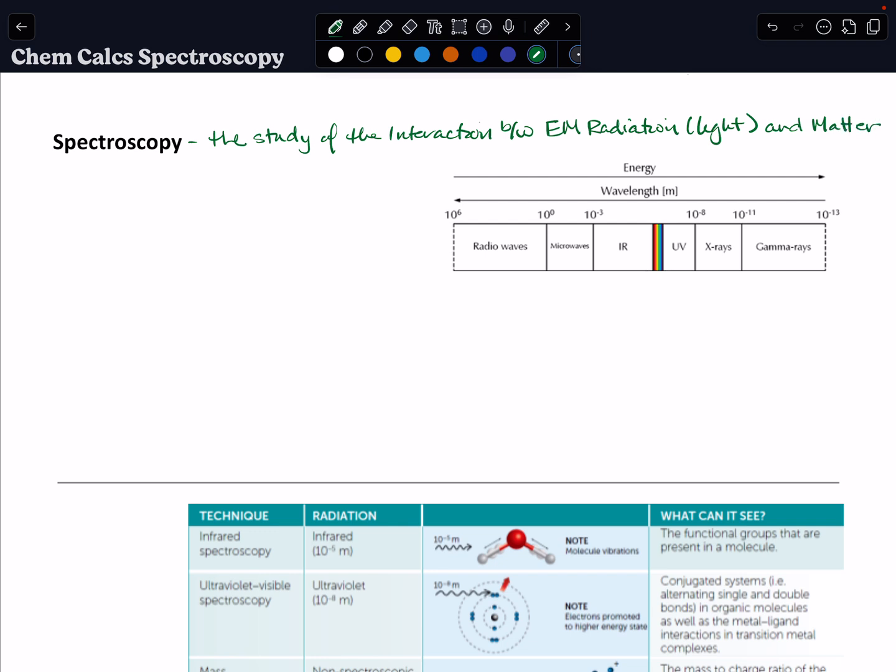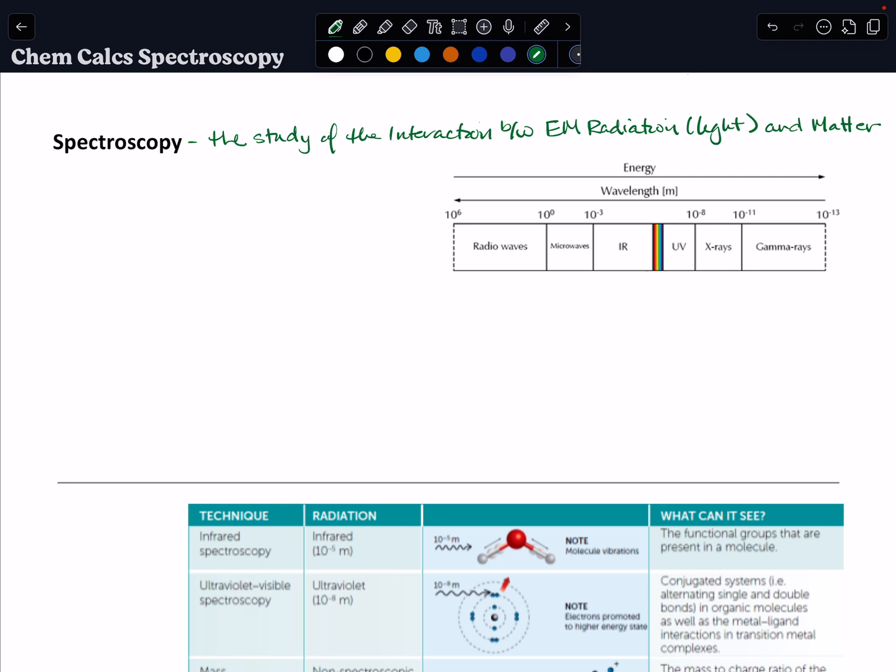All right, so it's pretty straightforward. How does energy in the form of electromagnetic radiation affect atoms? How does it affect the atoms individually? How does it affect bonds within molecules? How does it affect interactions between molecules? What does matter utilize this absorbed energy to do within those atoms and within those molecules?